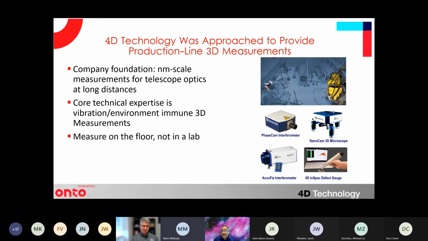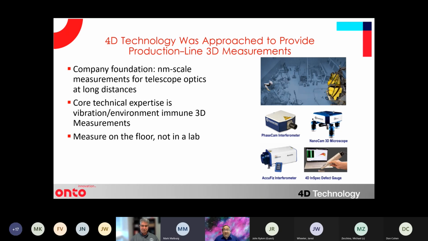And if you guys have been paying attention to the news, what you see in the upper right picture is the James Webb Space Telescope under test. And the instrument doing the testing is on the left with the two gentlemen on either side of it. And tens of meters away is the telescope that needs to be tested to nanometer scale.